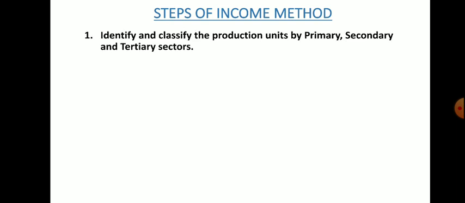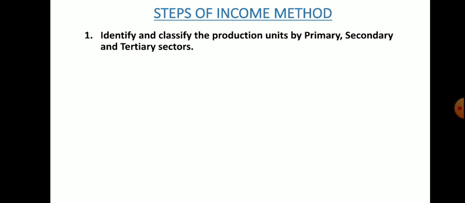The first step that you have to follow is to identify and classify the production units by primary, secondary and tertiary sectors. That is, you have to segregate all the sectors into these three sectors, which are there in the economy.